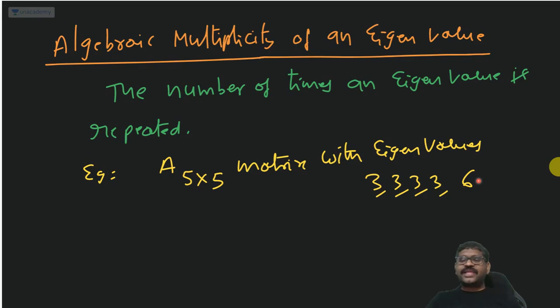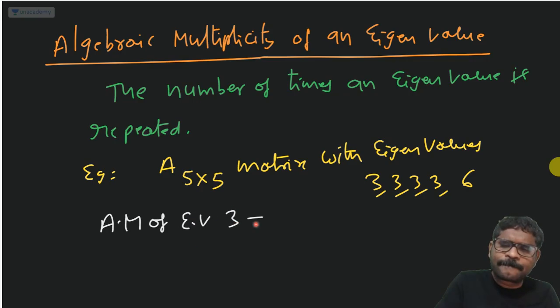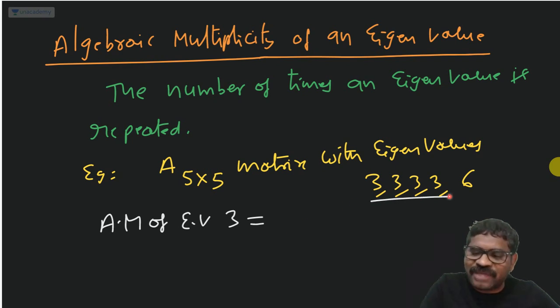Now, what is the algebraic multiplicity of eigenvalue 3? Tell me, how many times is eigenvalue 3 repeated? That number is called algebraic multiplicity. Four times. That's why the algebraic multiplicity of eigenvalue 3 is 4.